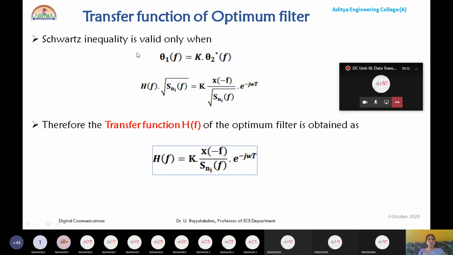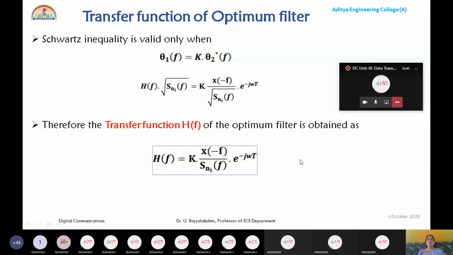Now, what is the transfer function? H of f is the ratio of output signal to input signal in the frequency domain. So our transfer function H of f of the optimum filter will be k into x of minus f divided by, take this root SNI of f towards the right hand side, root SNI of f multiplied by root SNI of f will be directly SNI of f, into e power minus j omega t.